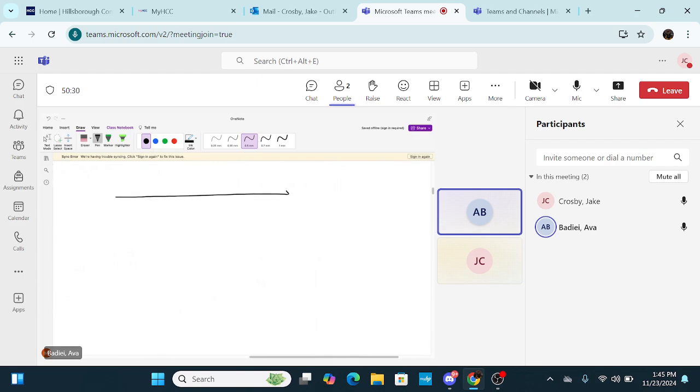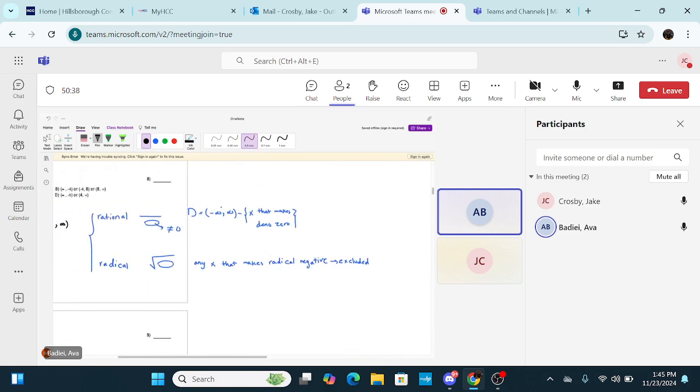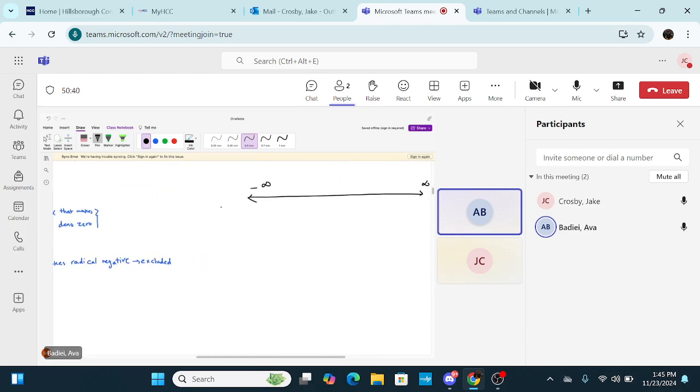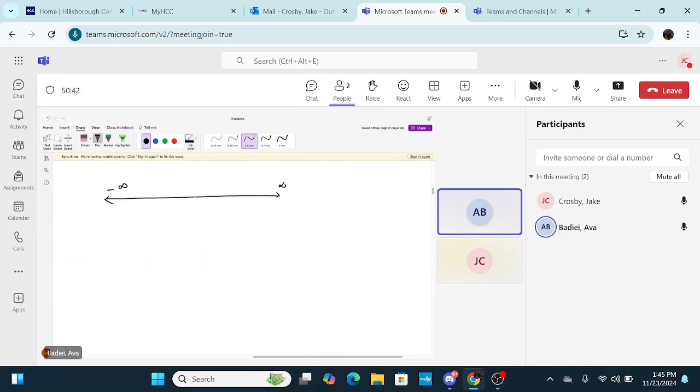Sometimes it's easy. If you have an easy time with it, then perfect. If not, then just say, okay, from negative infinity to infinity, the two numbers we had, negative 8 and 4. Assuming this is 0, negative 8 is going to be on the left side, positive 4 is going to be on the right side.